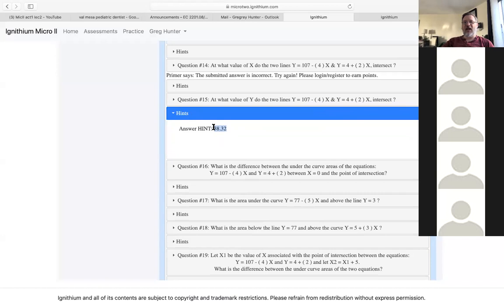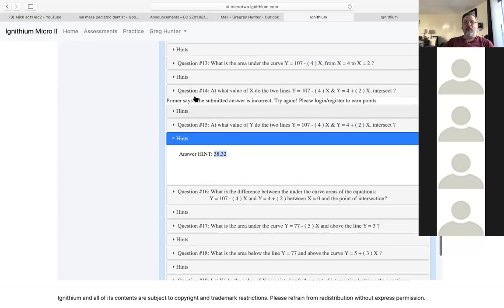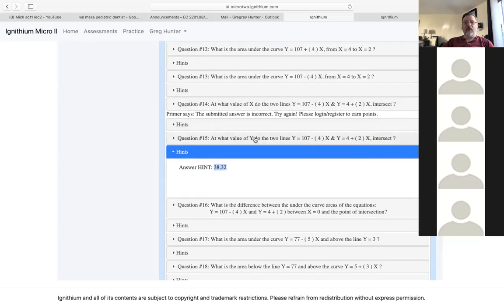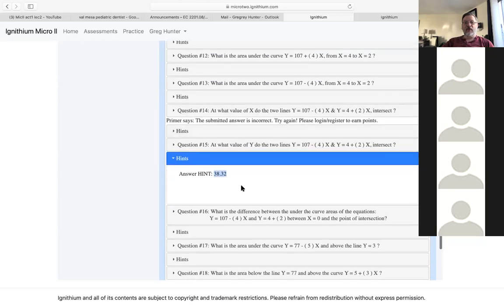No, it's not what you got. I was doing the other question, the one where it was what value of X or Y. I had set both equations to X and then set them equal to each other.